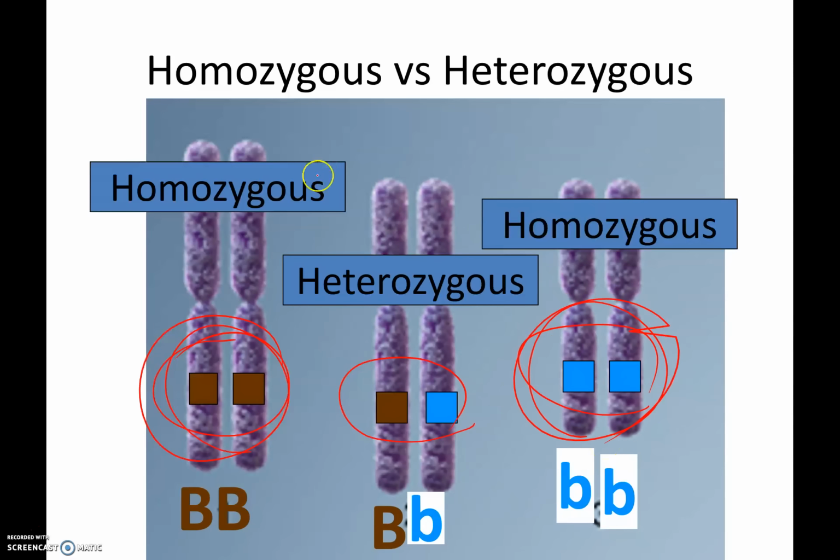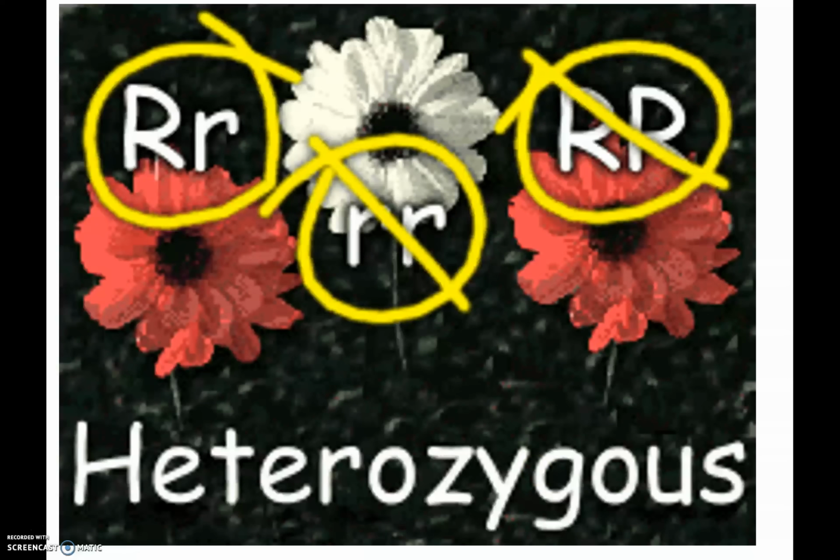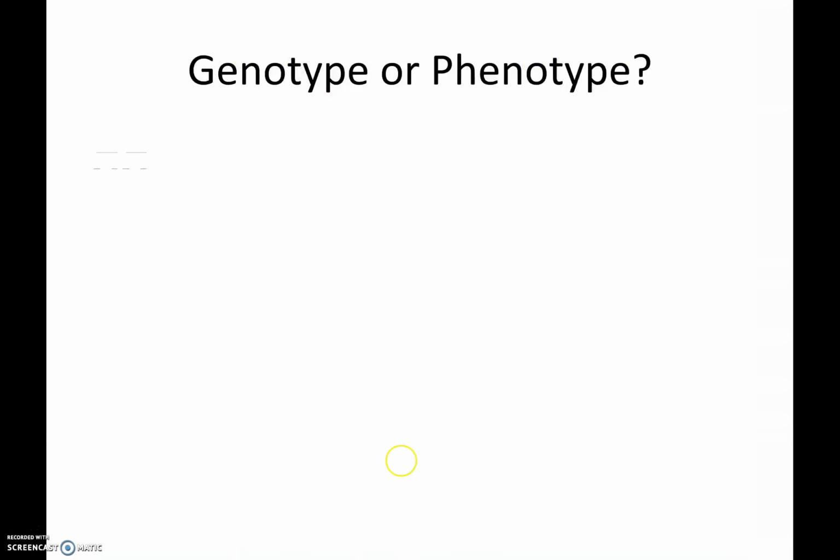This one here is homozygous dominant. And this blue one here is homozygous recessive. So if someone asks about homozygous, you would need to clarify homozygous recessive, homozygous dominant. Heterozygous, you just leave it like that. You don't say heterozygous dominant. Okay.